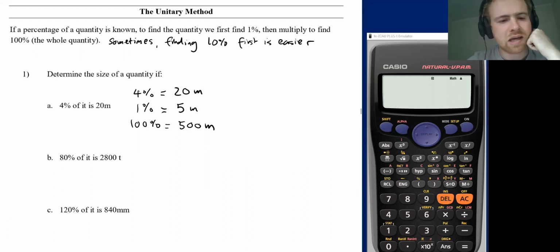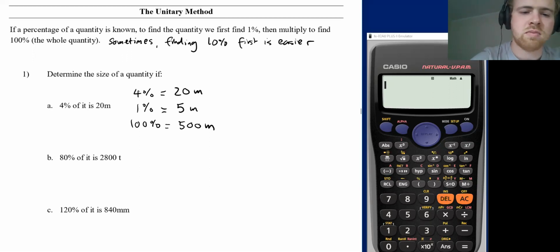So for part B, 80% of it is 2,800 tons. So 80% equals 2,800.